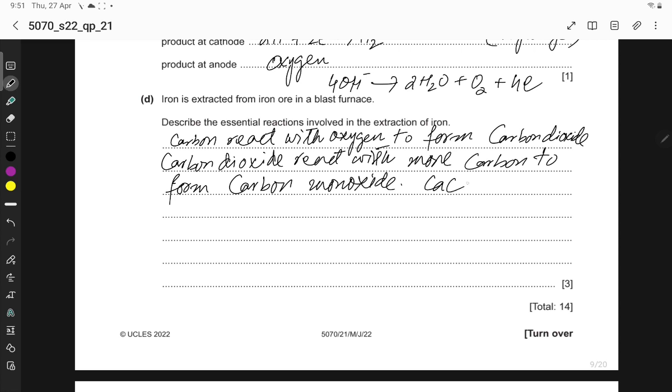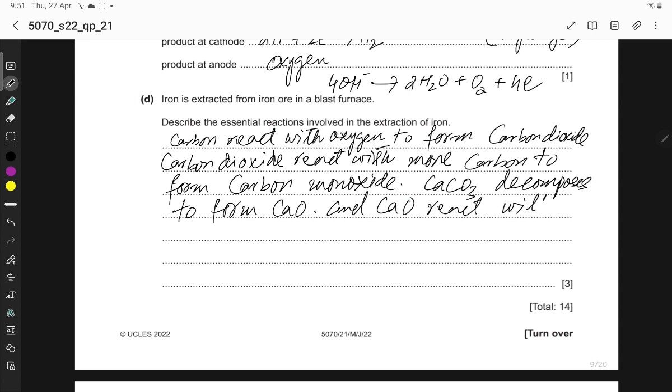Calcium carbonate decomposes to form calcium oxide, and calcium oxide reacts with silica to form calcium silicate.